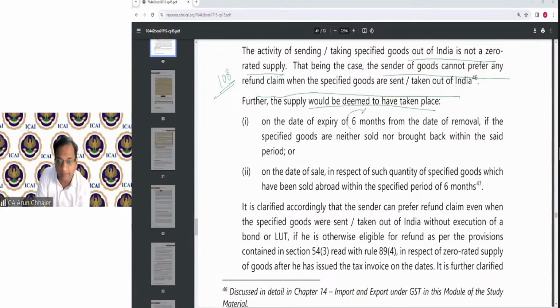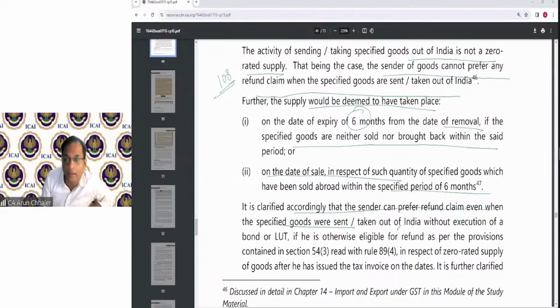right? On the expiry of the 6 months from the date of the removal, if the specified goods is neither sold nor brought back, on the date of the sale or actual sale, whichever is earlier, or within the specified period, it is clarified that the sender can prefer the refund claim even when the specified goods were sent or taken out of India without execution of bond or LUT, if he is otherwise eligible for the refund in respect of zero rated supply.